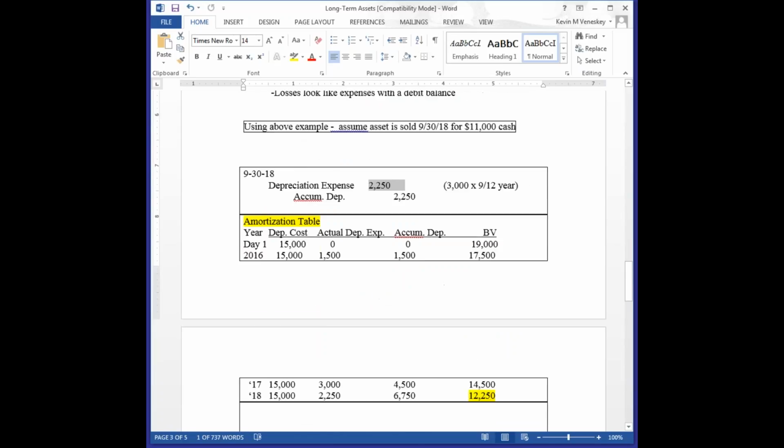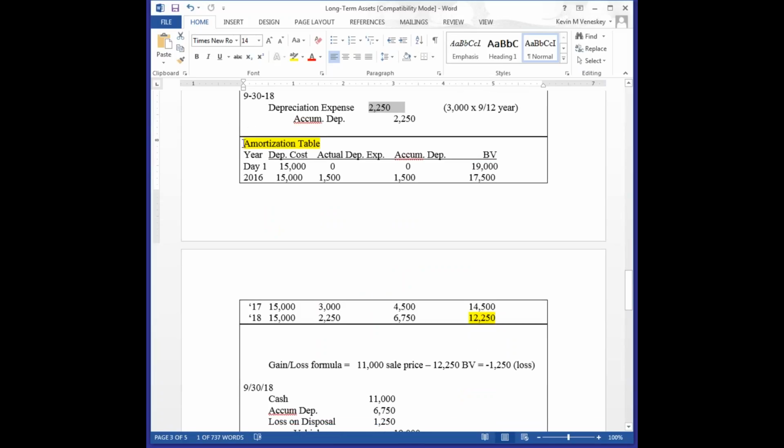Then I can update my amortization table to the correct numbers. The correct numbers say I really had this for an additional $2,250 for the year because that's what I depreciated. So therefore my accumulated depreciation as of last year was $4,500 plus another $2,250. That brings me up to $6,750.